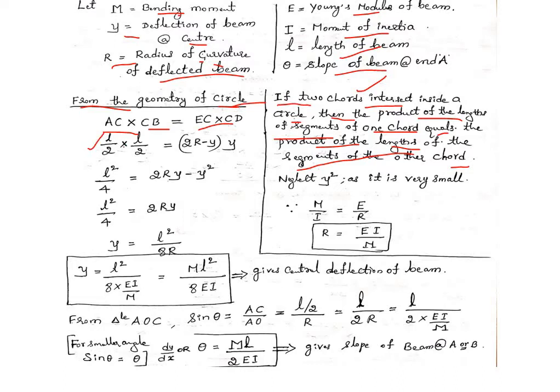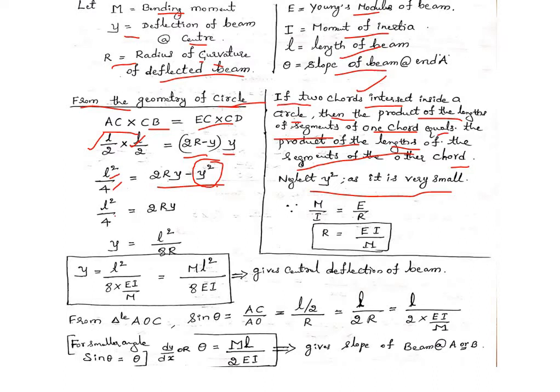AC is L by 2, CB is L by 2, EC is 2 times R minus Y, CD is Y. So L square by 4 equals 2RY minus Y square. In this equation, Y square is neglected because it is a small quantity.